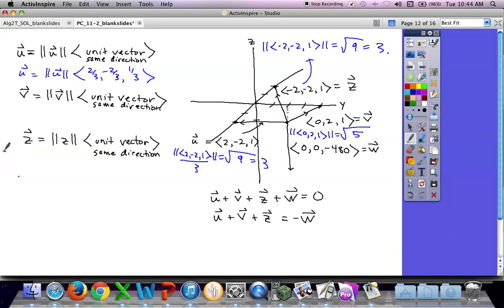Okay. The same thing here. For the v, it's the magnitude of v times 0 over the square root of 5, which is 0, 2 over the square root of 5, and 1 over the square root of 5.